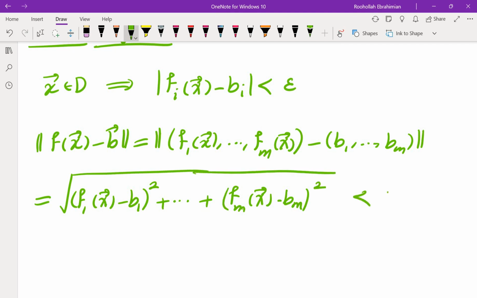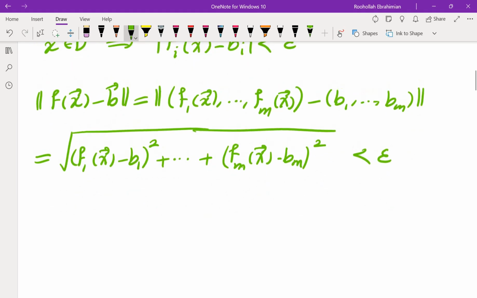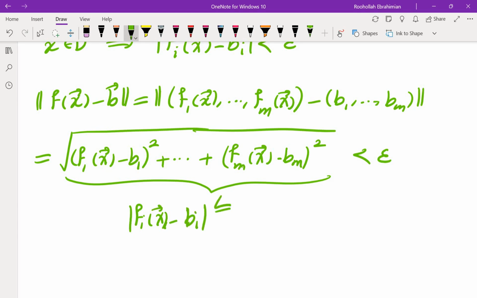We know this is small, so we also know that |fi(x) - bi| is less than or equal to this quantity. So if this is less than epsilon, this would also be less than epsilon. So in other words, the same delta would work.